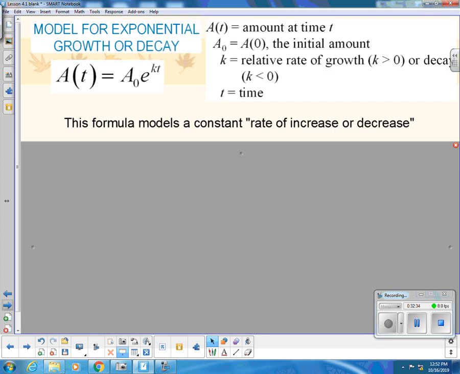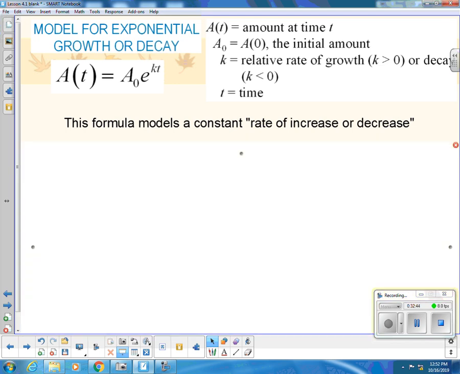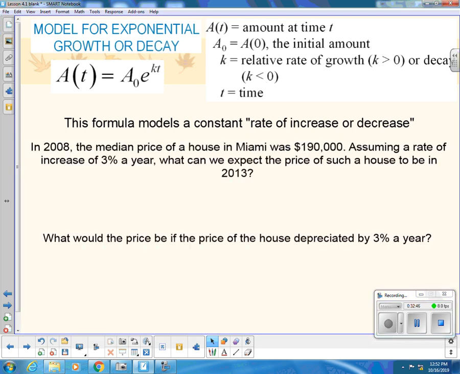Okay, guys. That's your model. This model, constant rate of increase or decrease. In 2008, the median price of houses in Miami was $190,000. Assuming a rate of increase of 3% a year, what can we expect the price of such a house to be in 2013?